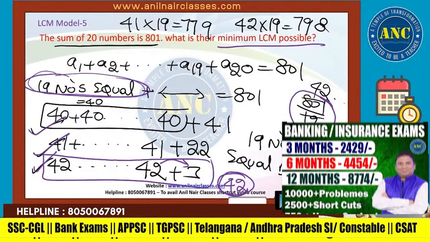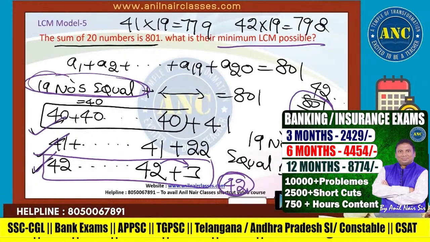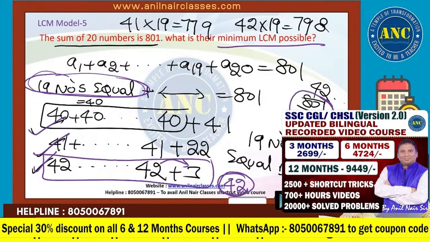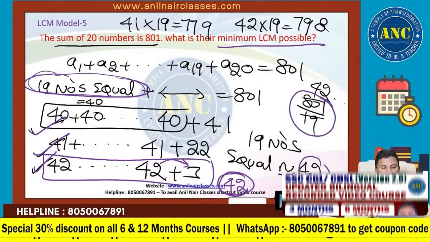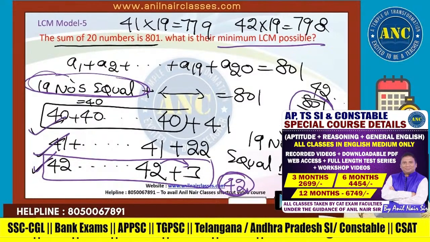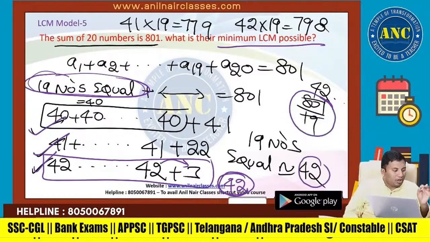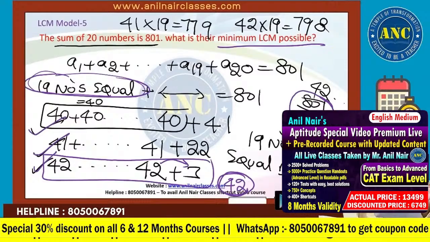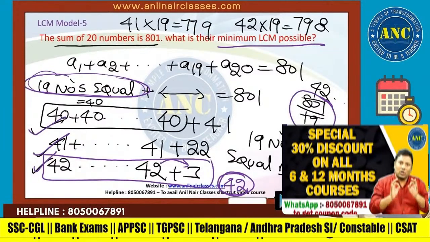Very good, logical question. I hope it is clear. There are 20 numbers, and their sum is 801. Ladu, where it is not clear, please mention that.